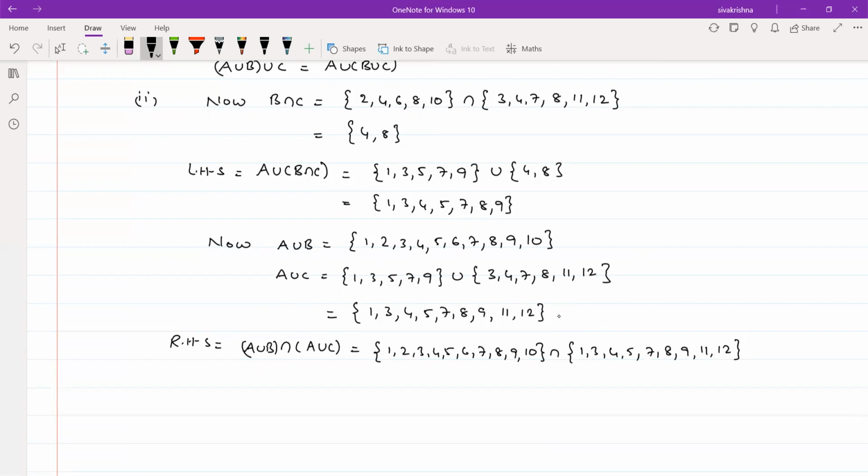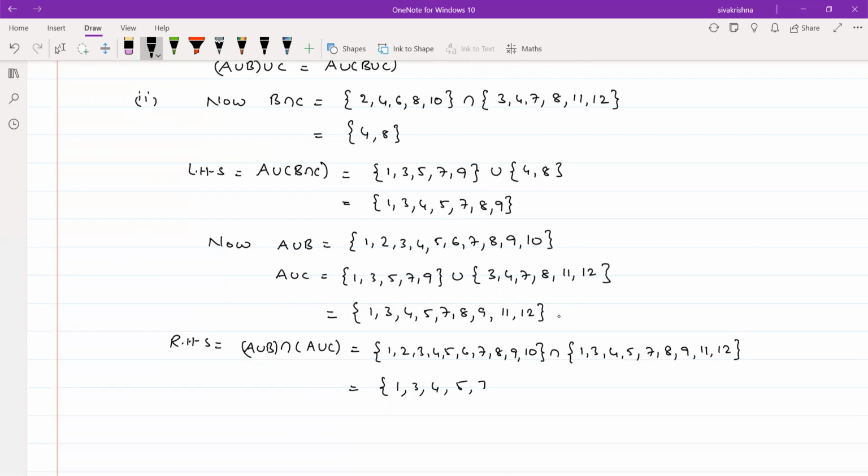Now we have to write the intersection of these two sets. Intersection means we write only the common elements in both the sets. So we have 1 common in both the sets, so we write 1. We also have 3 common, so we write 3. 4 also in common, so we write 4. 5 also in common, so we write 5.